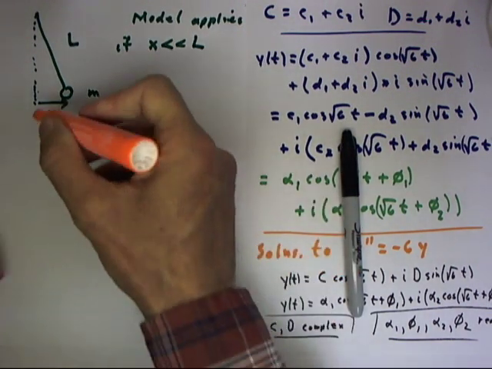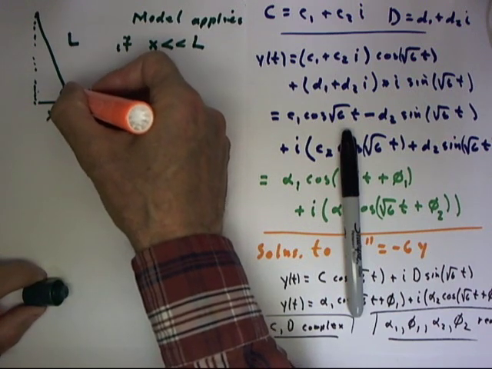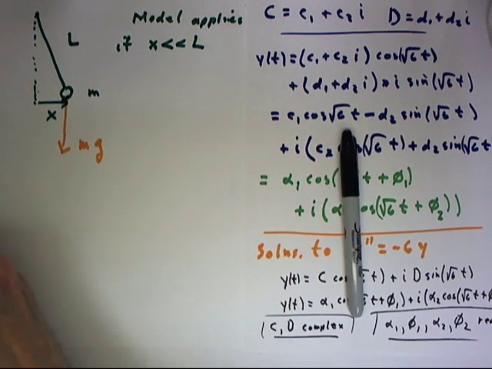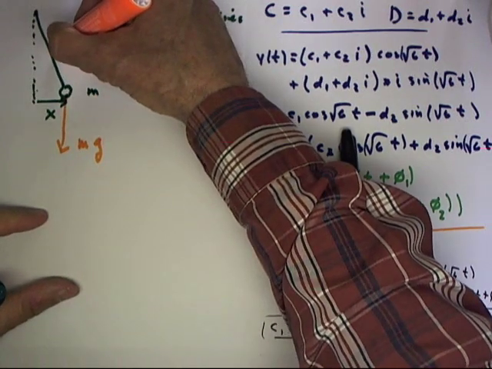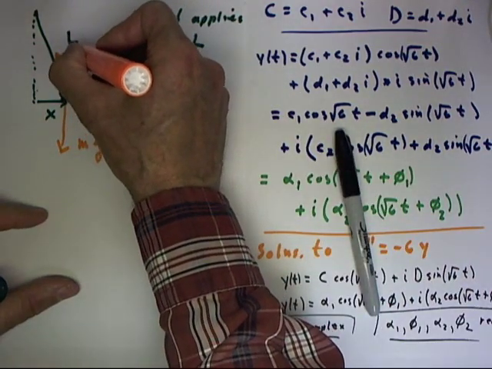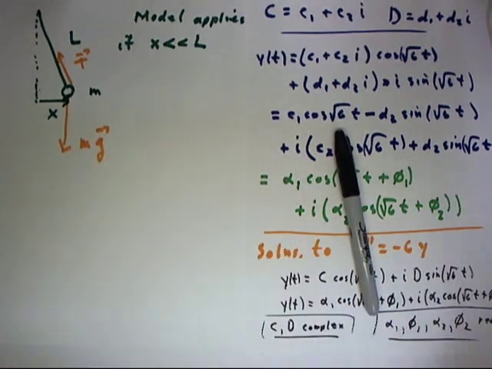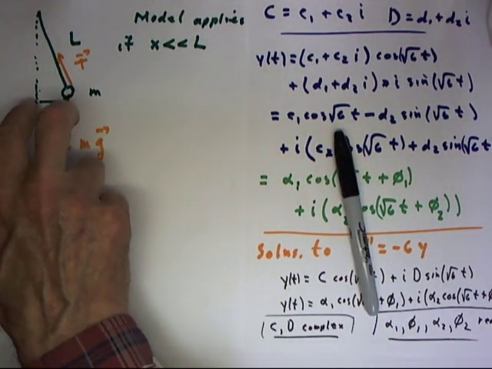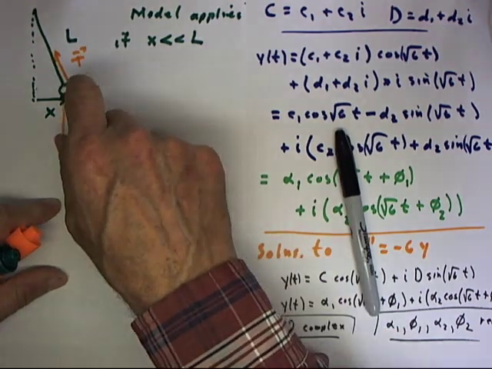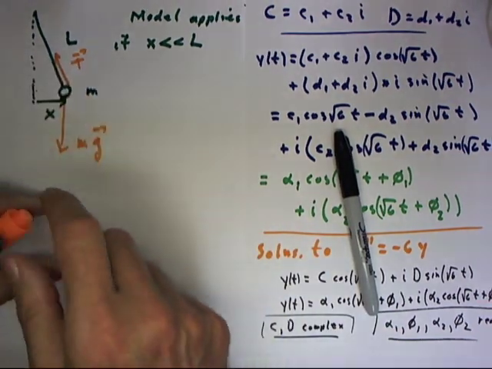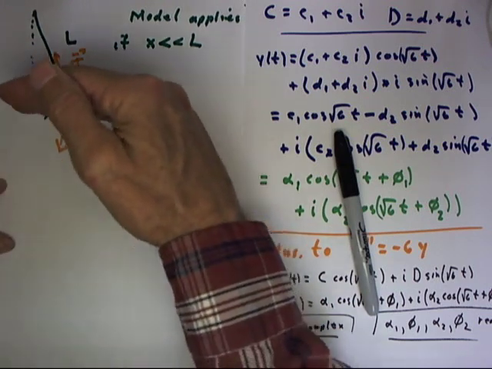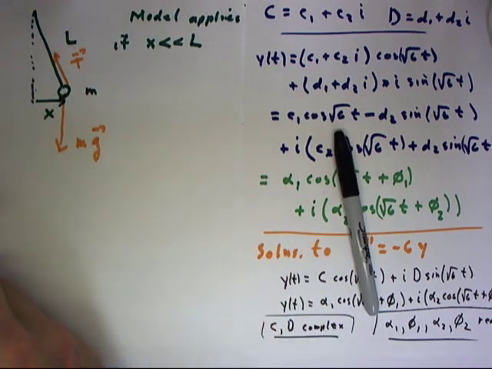In this case, we have the weight of the pendulum, which is mg, acting straight down, and we have tension in the string acting on the mass with a force that we'll call T. If x is small, then the vertical component of the tension vector T is not much different than the magnitude of the tension, and the motion of the pendulum will be almost all in the horizontal direction.